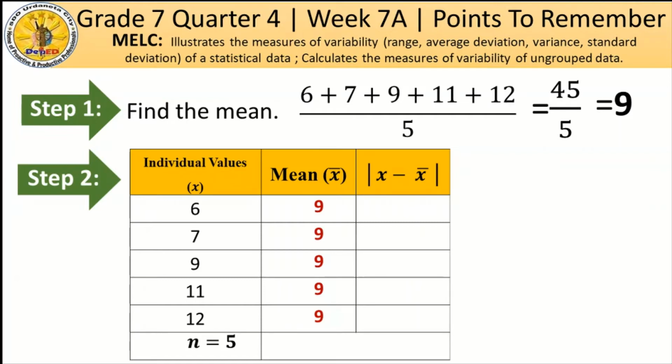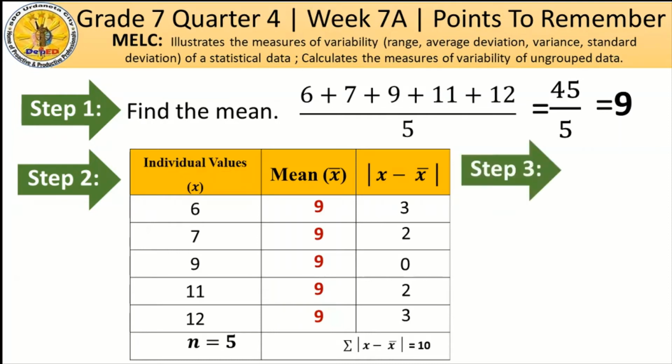So, the absolute difference of 6 and 9 is 3, absolute difference of 7 and 9 is 2, absolute difference of 9 and 9 is 0, absolute difference of 11 and 9 is 2, and the absolute difference of 12 and 9 is 3. From here, let us find the sum of the absolute differences of each individual values and the mean. So, 3 plus 2 plus 0 plus 2 plus 3 is equal to 10.